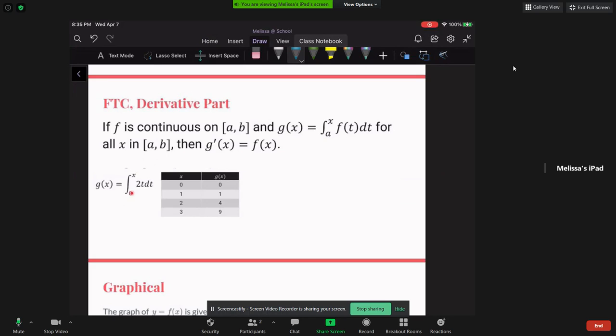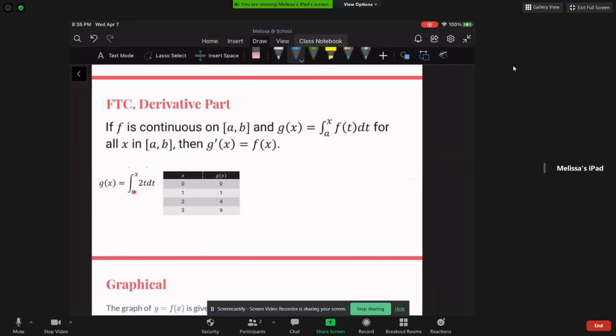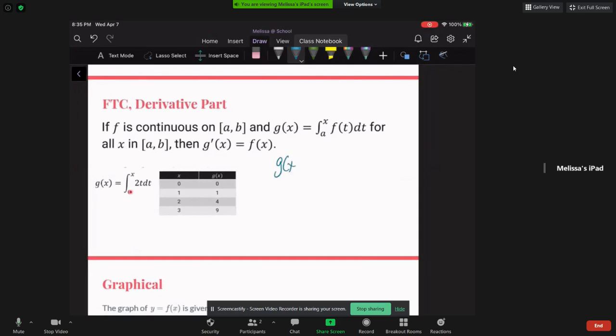Well, we can use this same idea of our fundamental theorem and say g of x is the integral from 0 to x of 2t dt. And really what that's equivalent to is the antiderivative, which is going to be t squared, and then evaluating t squared at x and 0.